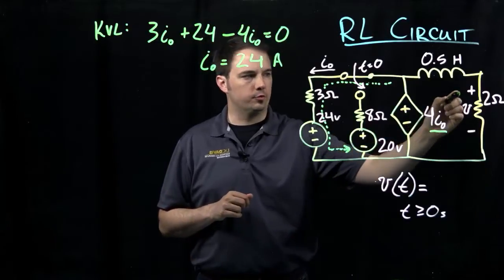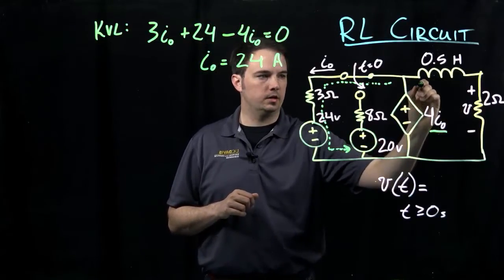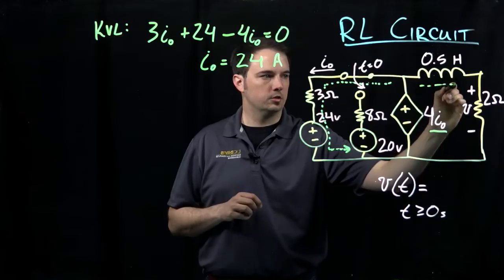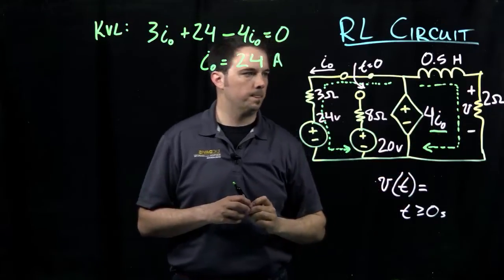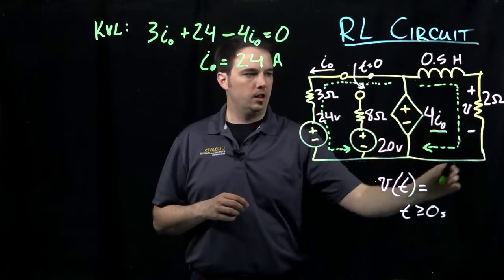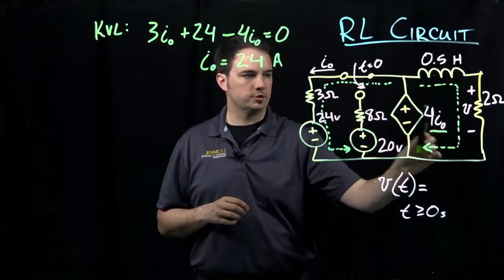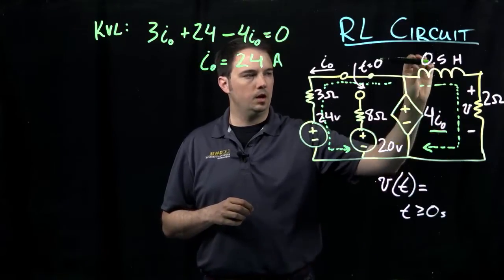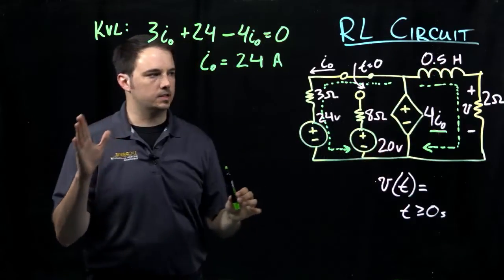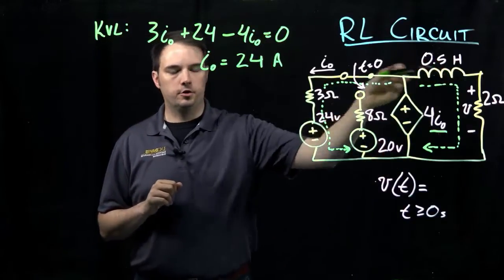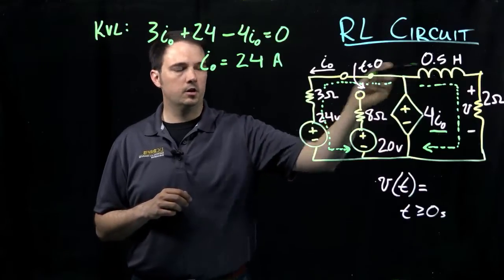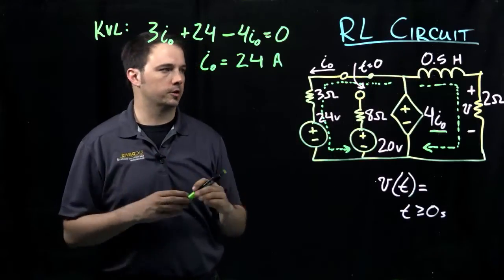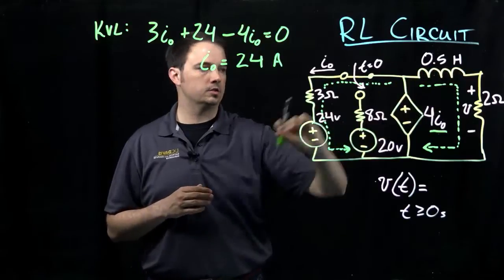To do that, let's think about a loop going in this direction. We have 3 elements here: the inductor, the resistor, and this dependent source. Remember, if we're at steady state, the inductor is already fully charged up, and a fully charged inductor acts like a short circuit, meaning there's no voltage drop across that element.